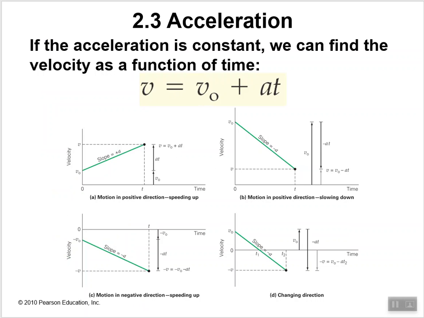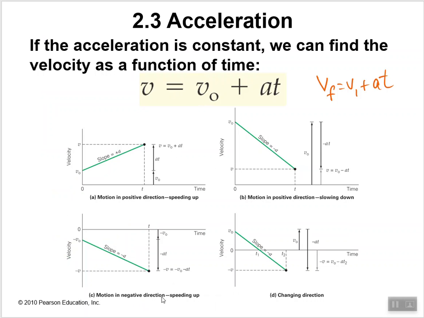You're going to see me refer to this quite often as vf equals vi plus at. Final and initial is what that f and i stand for. They're not really a part of the equation, they're just subscripts which help us to designate the difference between one velocity and a different velocity, meaning the object's final velocity and the object's initial velocity.